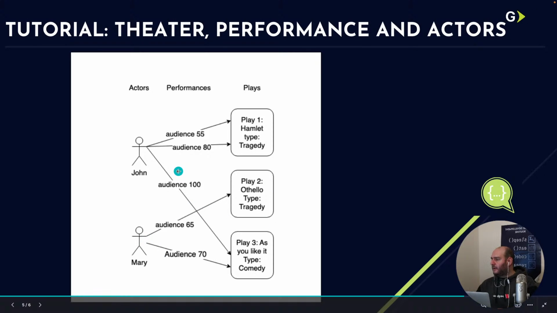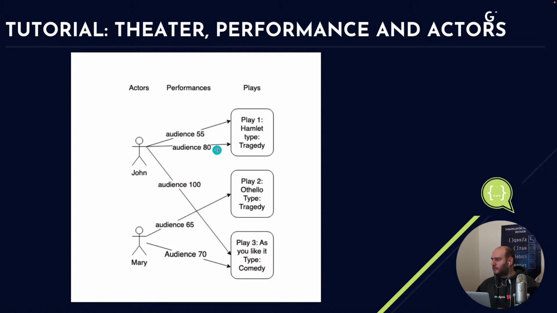And they have multiple presentations. So they could have 2 presentations in Hamlet and 1 in As You Like It, and so on. Different presentations have different amounts of audience. Depending on how many people were in that performance, they'll be paid more or less.